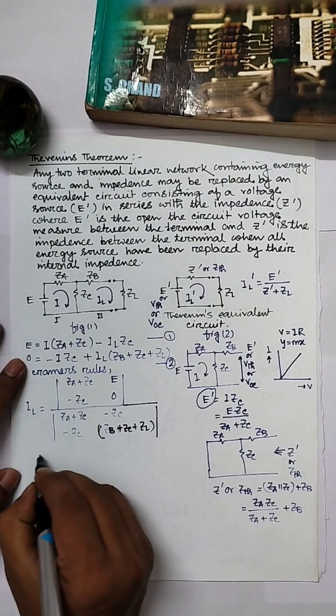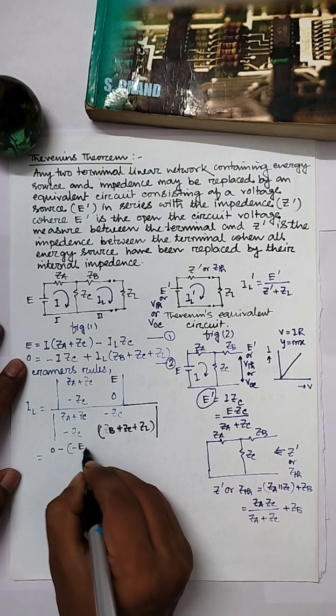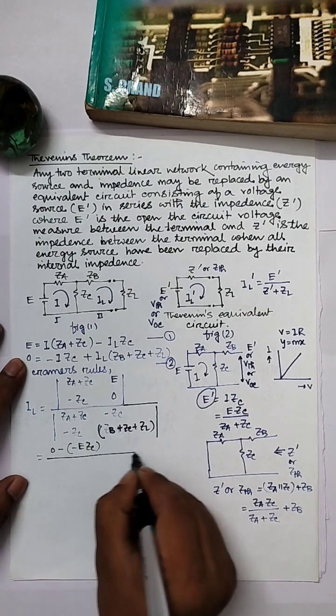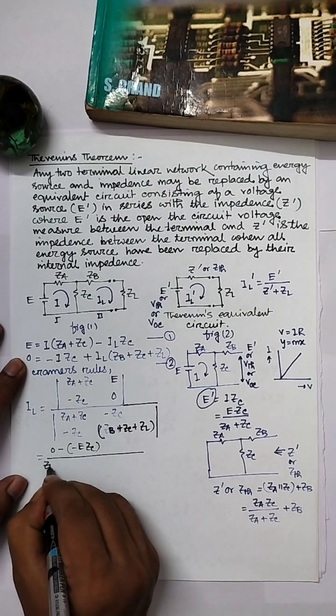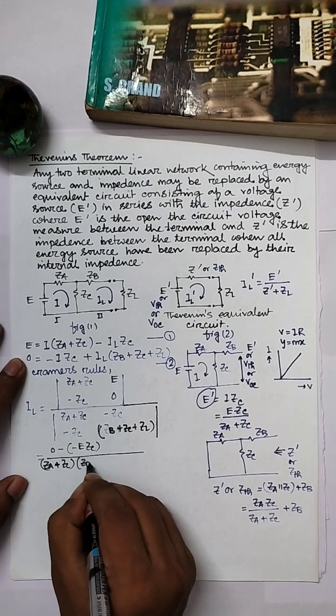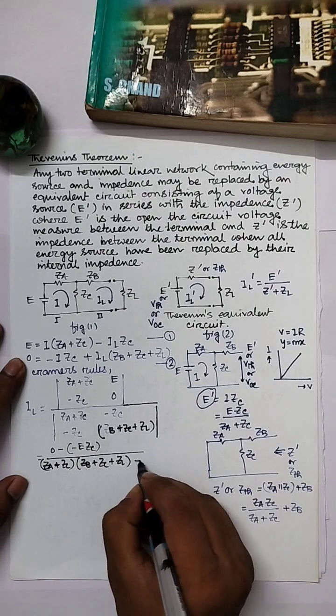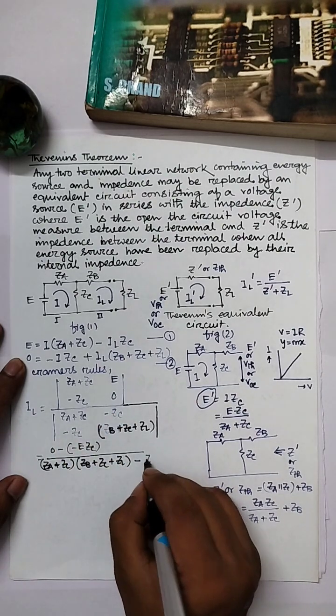So now solve it. 0 minus of minus EZC. The numerator is EZC, and the denominator is ZA plus ZC multiplied by ZB plus ZC plus ZL, minus and minus minus plus, so ZC square.